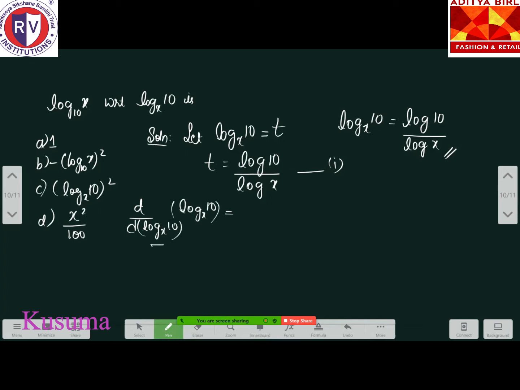We have taken this as t, so we have to find out d by dt of log x to base 10.